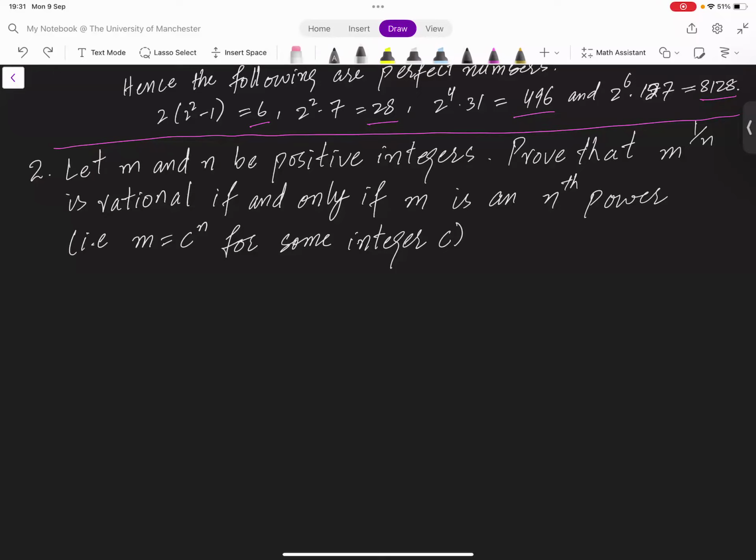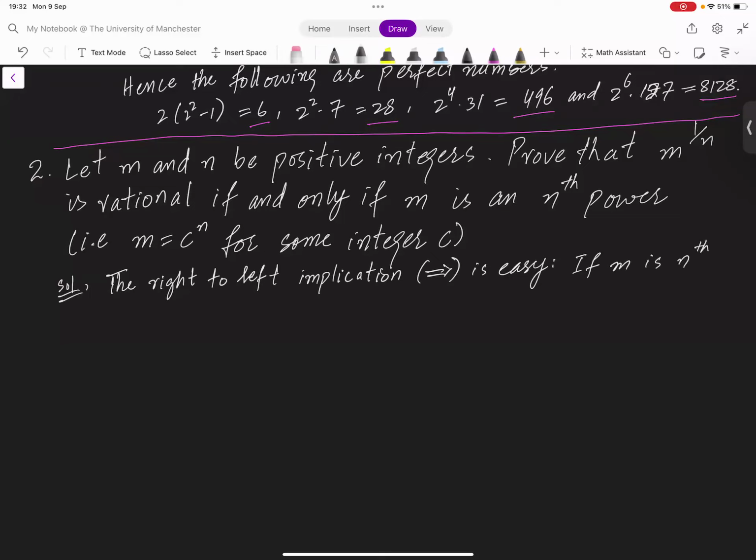The right to left implication is easy. If m is an nth power, then clearly m power 1 over n is rational, because m is a positive integer.